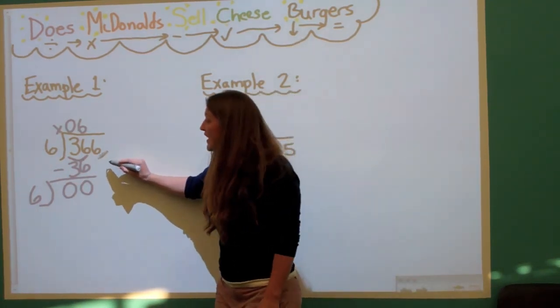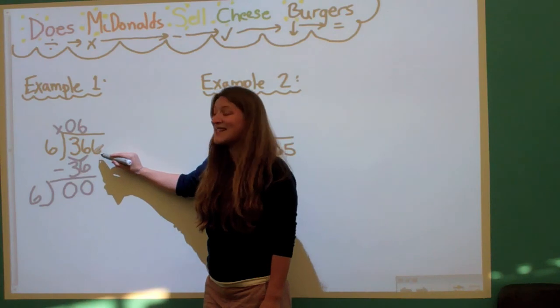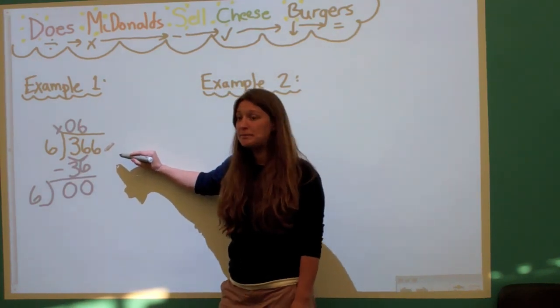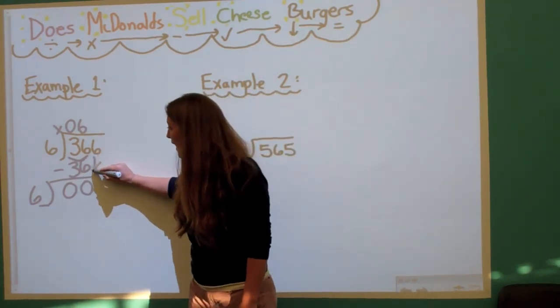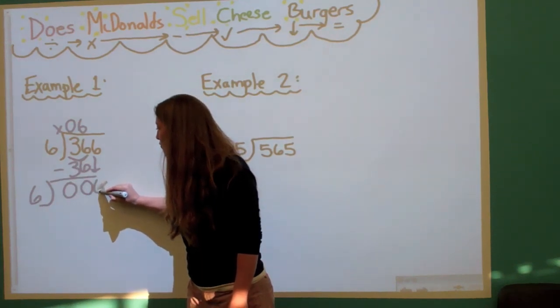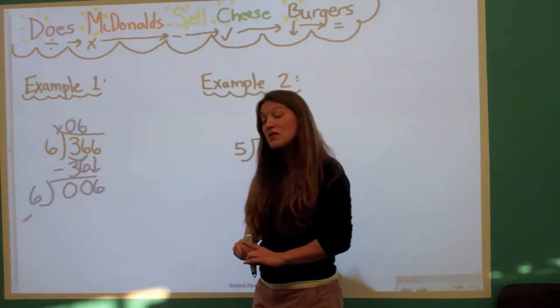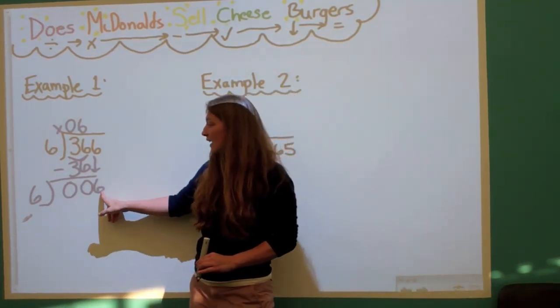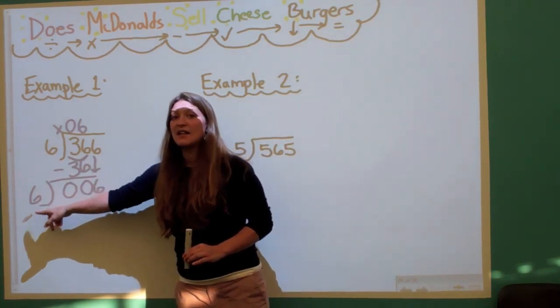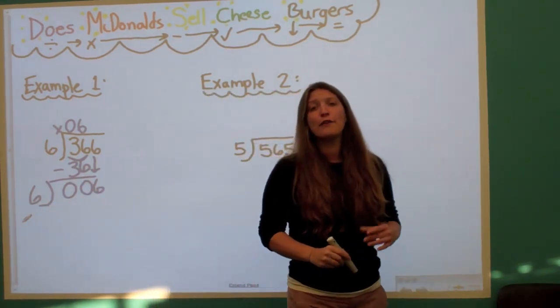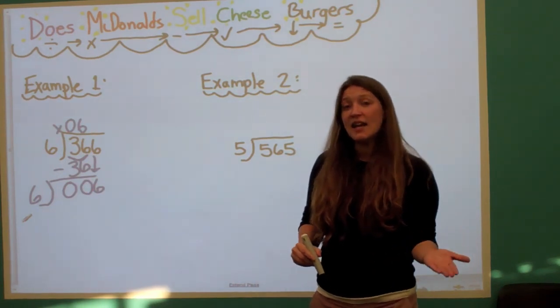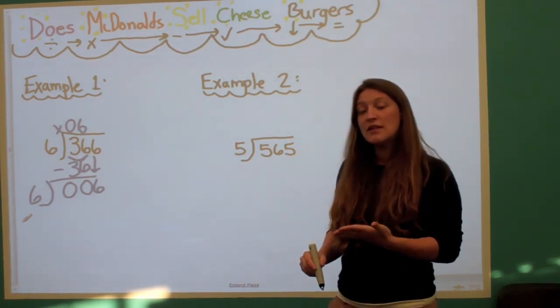So I'm going to bring down this number 6 that we haven't touched yet. And I'm going to bring that down into a new division problem. So now I'm looking at 6 divided by 6, and I ask myself, how many times does 6 go into 6?